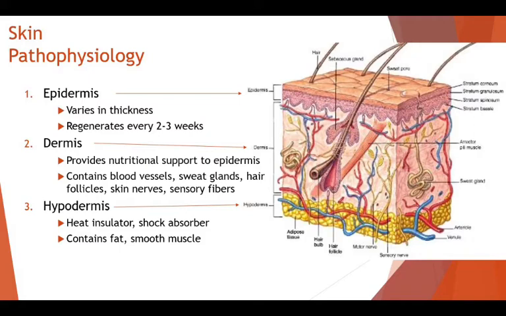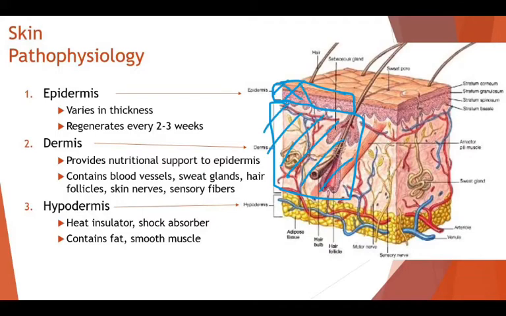So first I'm just going to point out to you the differences in the skin. When we're talking about damage, the epidermis is your topmost layer here, and then the dermis is the one that contains a lot of blood vessels, hair follicles, fatty tissue, sweat glands, tons of stuff in the dermis here, which is the second layer.